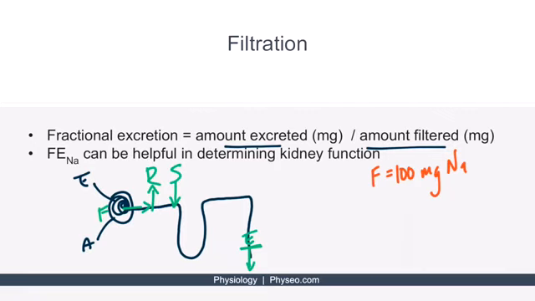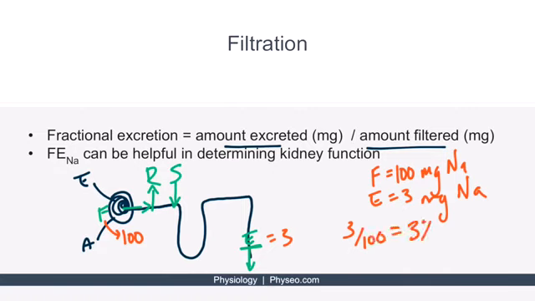In this case, let's say the kidney is filtering 100 milligrams of sodium and excreting 3 milligrams of sodium. If we plug these numbers into our equation, we get 3 over 100, or 3%. This makes sense. The kidneys normally reabsorb most of the sodium, so we'd expect that the amount lost in the urine would be low.